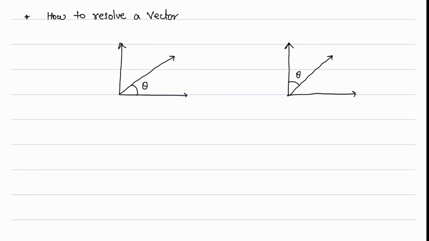Wherever the angle theta is, let's say this is vector A. Always remember, this is your ax and this is your ay, the values along the x-axis and the y-axis. So the value of ax will be A cosine theta, and where there is no angle, A sine theta. Clear? Just check where the theta is.